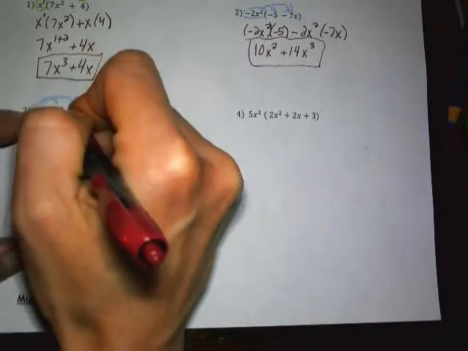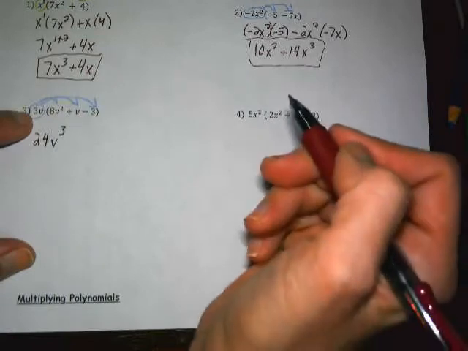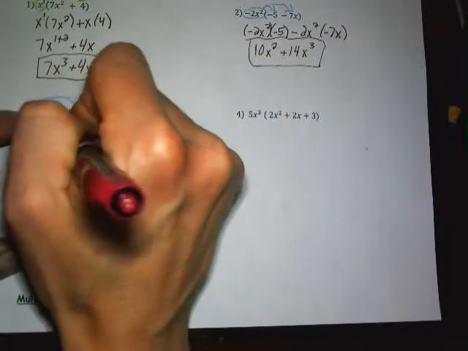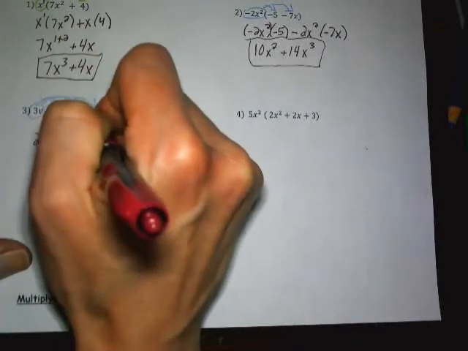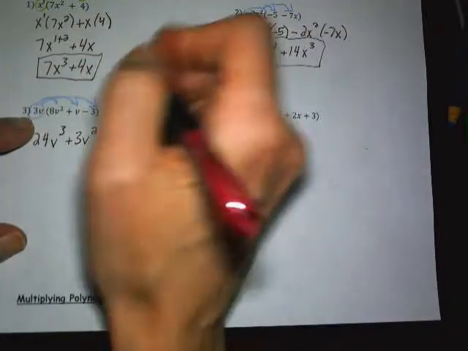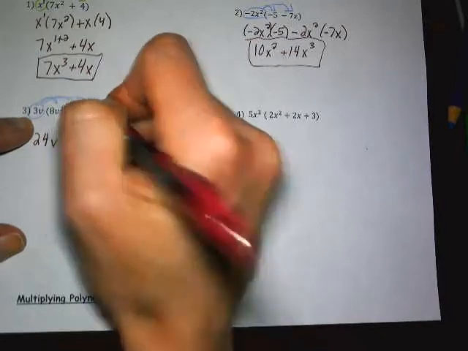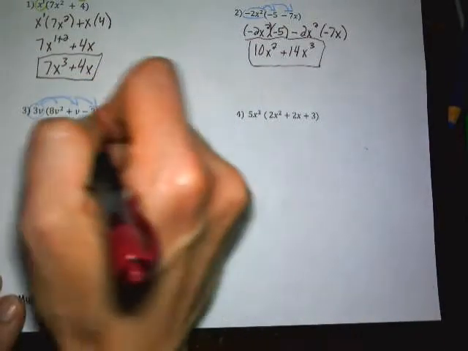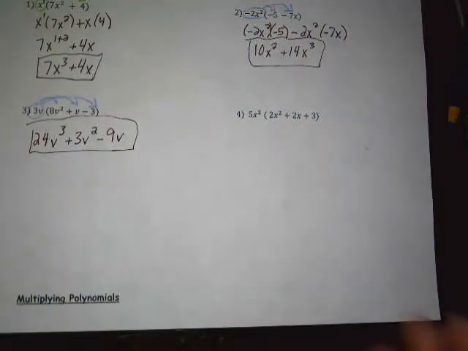V to the 1 plus v squared is v to the third. 3v times v, we just have our 3, and then v to the 1 plus 1 is v squared. And then lastly, 3 times negative 3 is negative 9, and we have our v, there's no v on that term there. So we have 24v to the third plus 3v squared minus 9v.